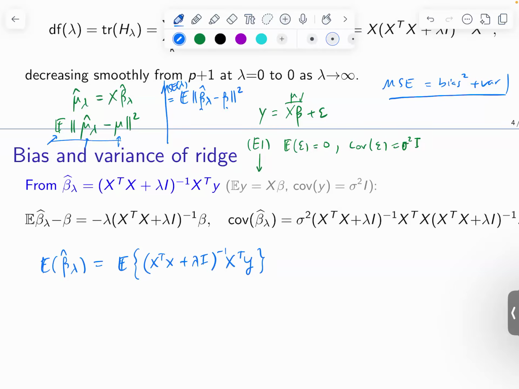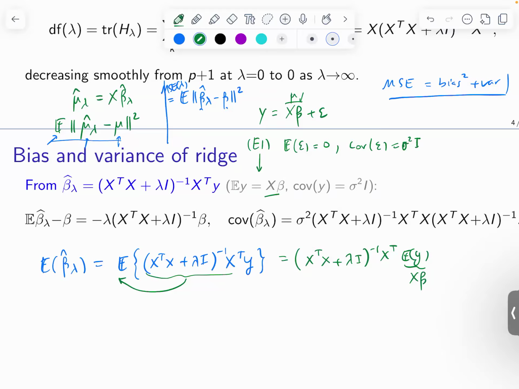This is a fixed matrix, it's linear, and expectation moves past linear operators, so I can pull this matrix out and the expectation gets applied to y. And what is the expectation of y? X beta.